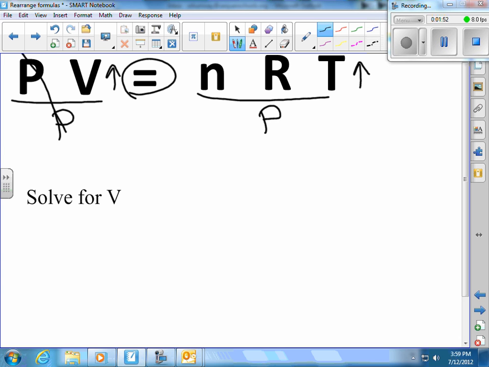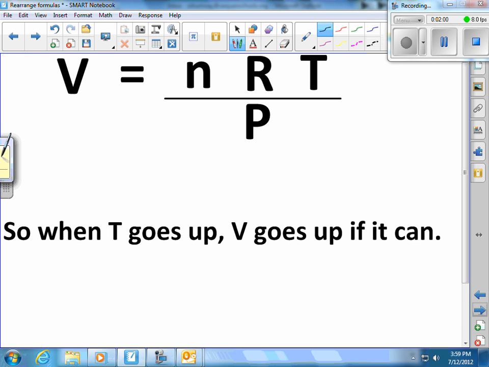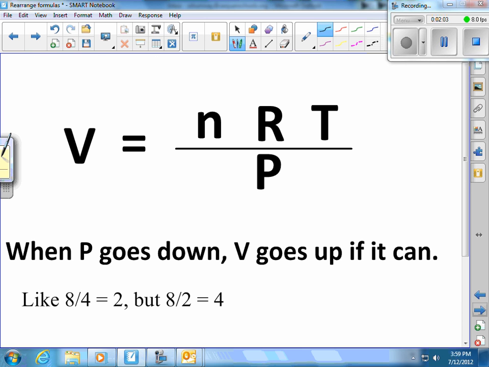So that's the reason you would rearrange an equation if you want to study volume, for example. Or we could change the pressure. So what would happen to the volume if we change the pressure?